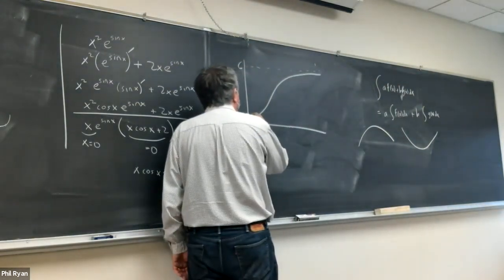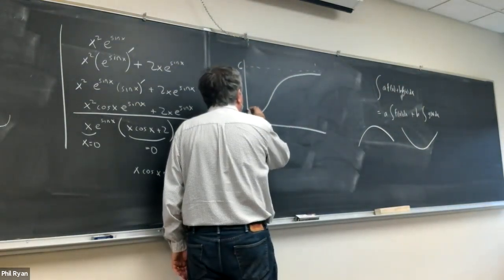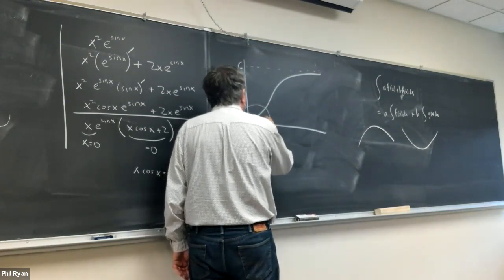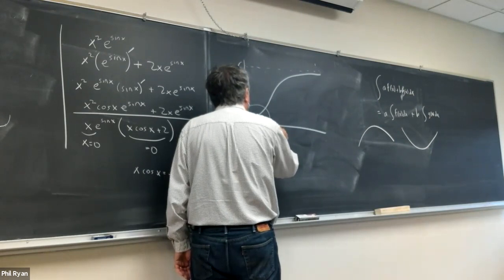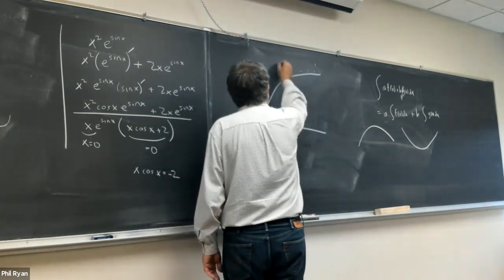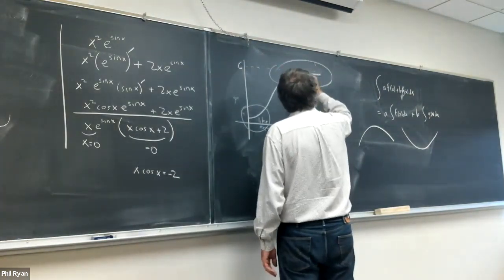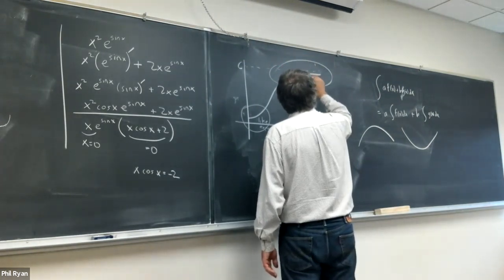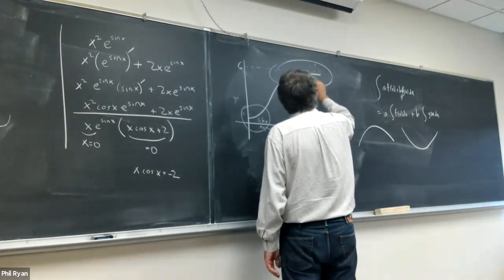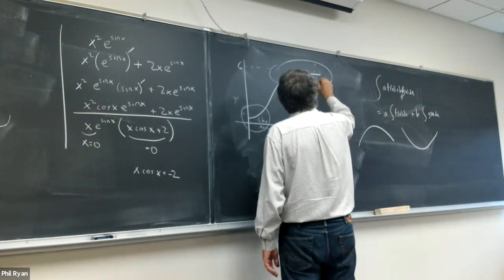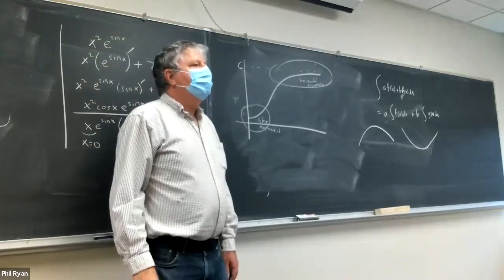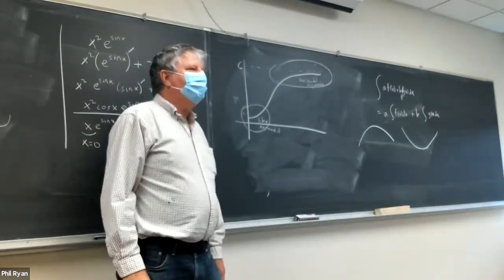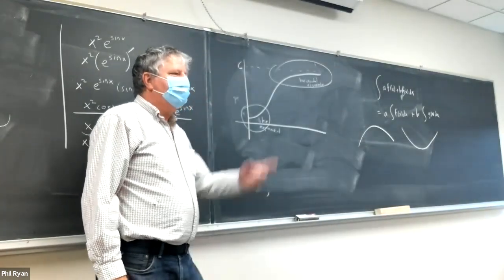For low values, it's like an exponential. For high values, we have this horizontal asymptote. Anyone remember what's the other important fact to remember about the logistic function?